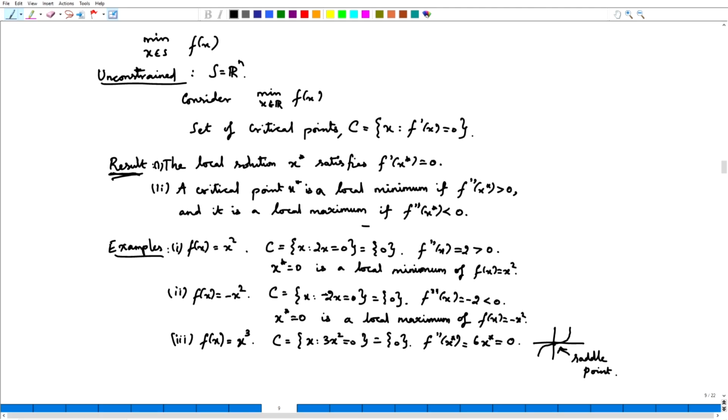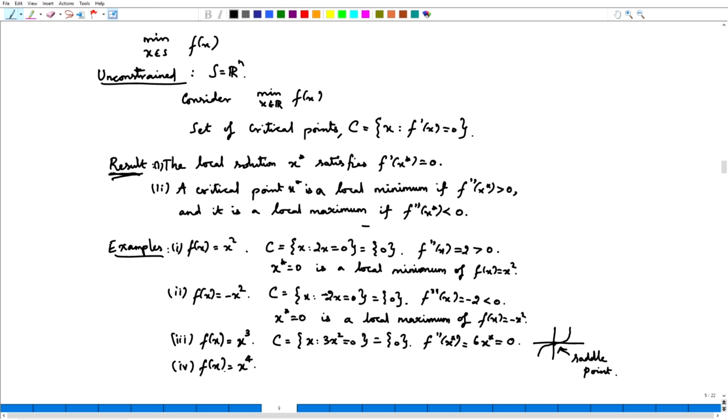Okay. And so, it does not mean that if f double dash of x star is 0, it is neither a local minimum nor a local maximum. Okay. So, you can see from the following examples.